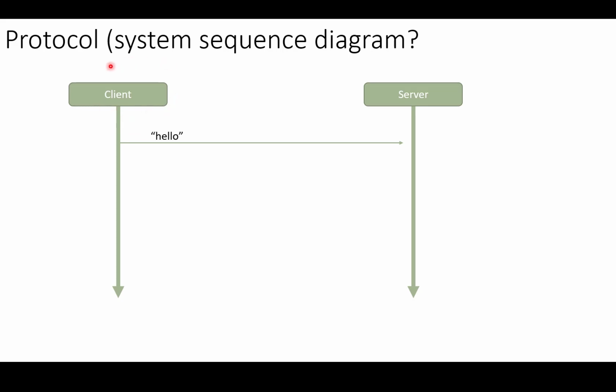In my simple echo server, we saw that the client would send hello to the server, and the server would send hello back again. So I'm drawing these lines to indicate that the client writes an object and the server will then read the object. The next step is that the server writes an object and the client reads an object, and so on.